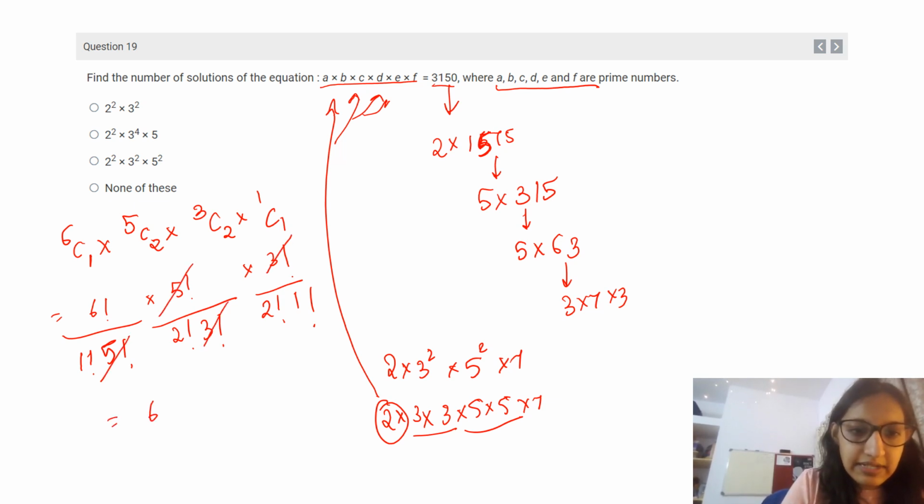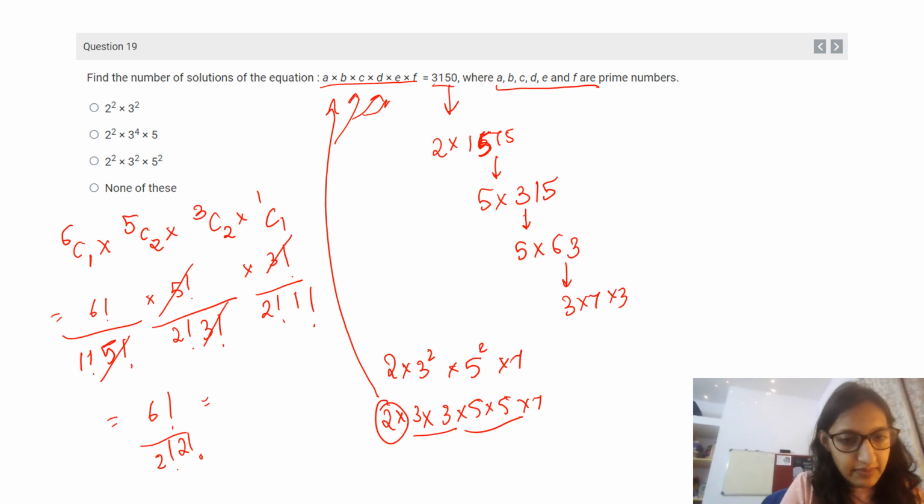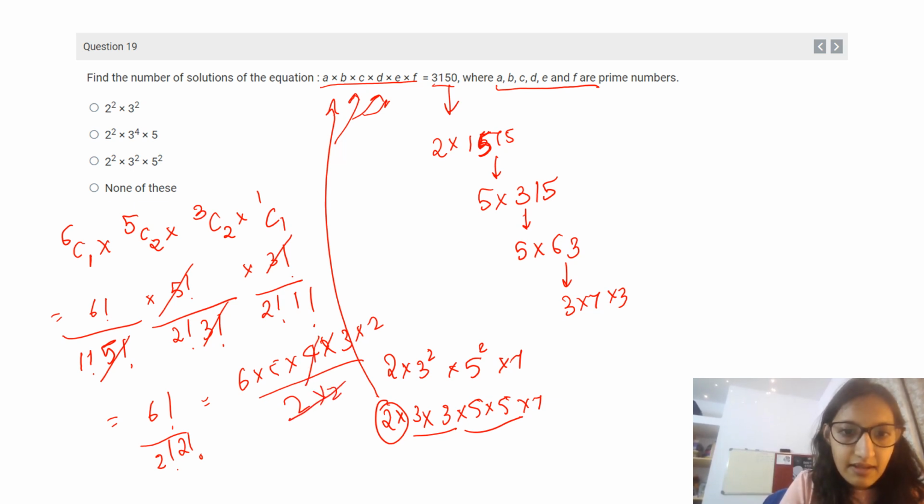I think you should be left with 6 factorial by 2 factorial, 2 factorial. And from here you can just cancel this down. You can write this 2 square, like 2 into 3. So you'll get 2 square, 3 square, 5.